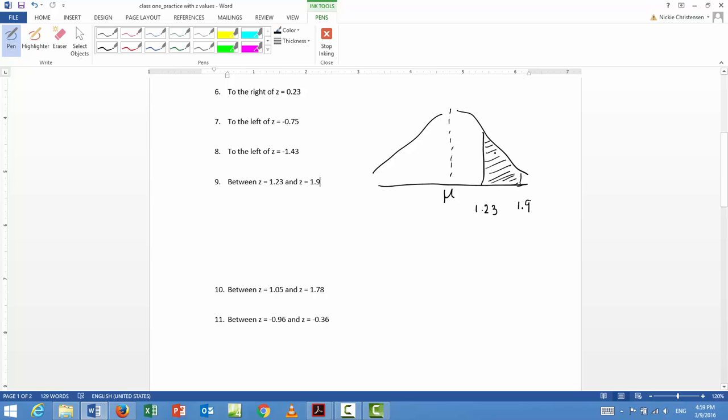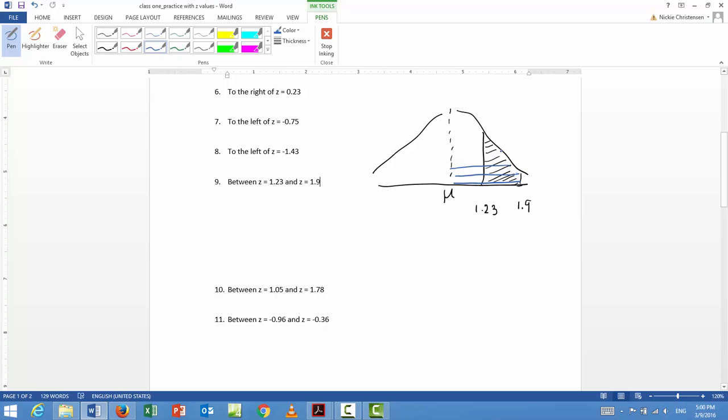If you remember how to use the table, which you should, you know that if we look up these values in our z-table, we can get their p-values. The p-value of 1.9 is going to include all of this, isn't it?